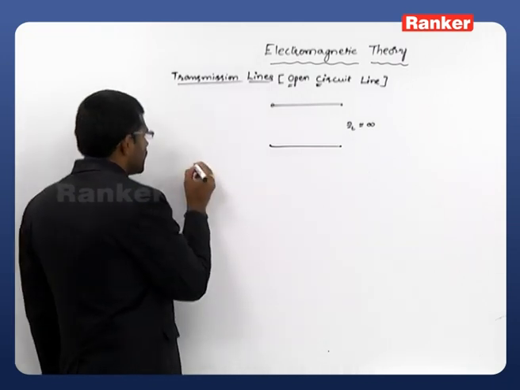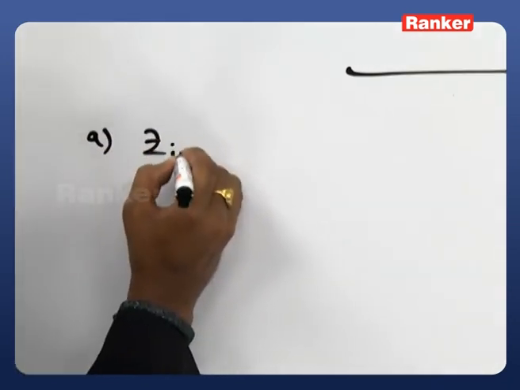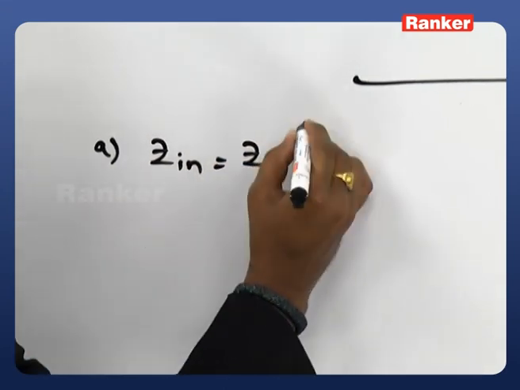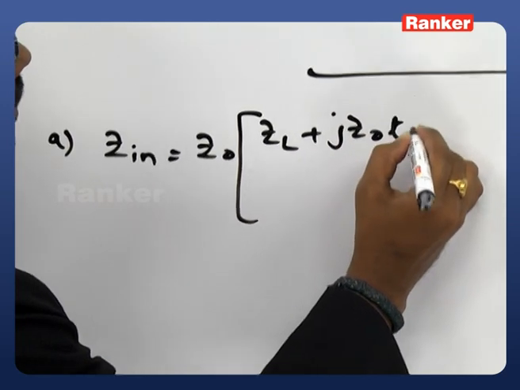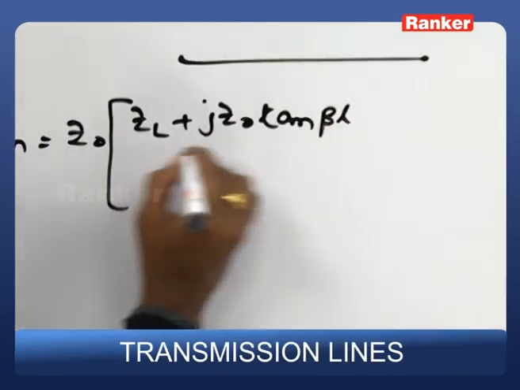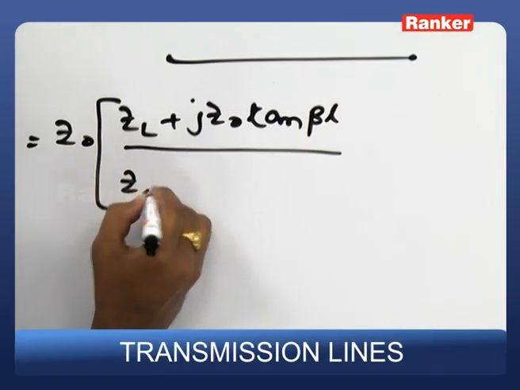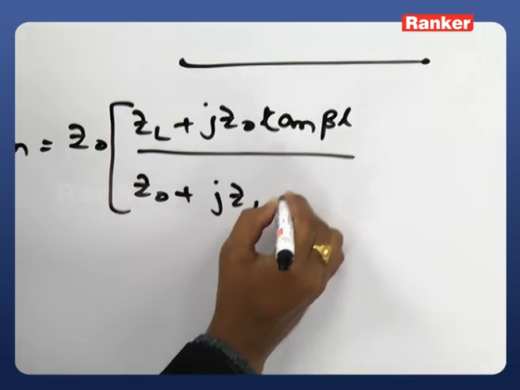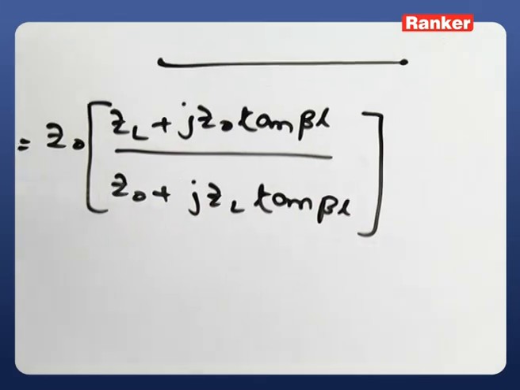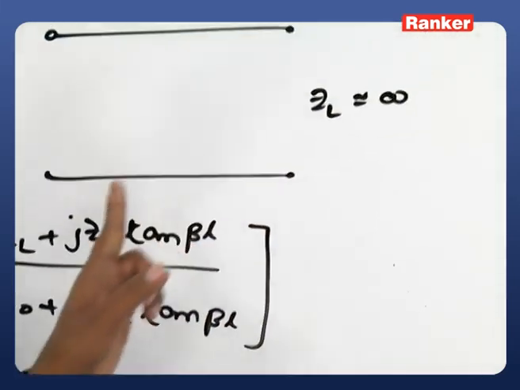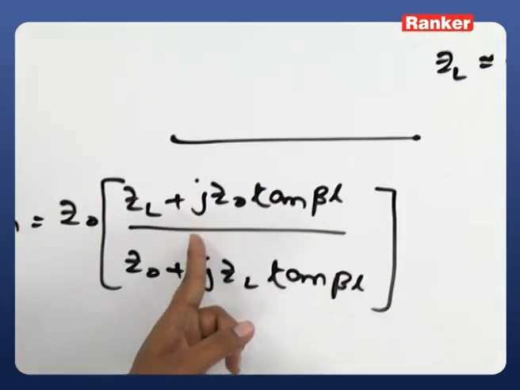Consider the input impedance. Zin is equal to, what is the equation? Z0 times ZL plus jZ0 tan beta L, divided by Z0 plus jZL tan beta L. As it is a lossless line, I am taking this equation. Now substitute ZL equals infinity here, but this is undefined.